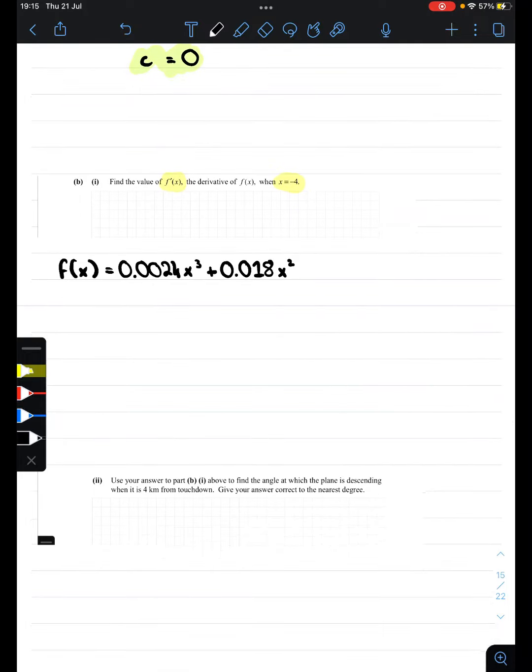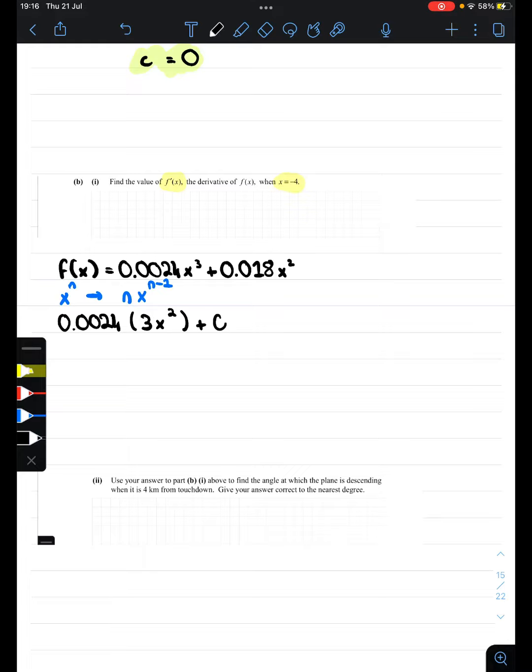We know from our rules of calculus, and it's in the log tables, that the derivative of x to the n, for some value of n, is n x to the n minus 1: bring down the power, and then reduce the power by 1. So what will that look like in our case? We'll have 0.0024 stay the same, and then 3x squared.